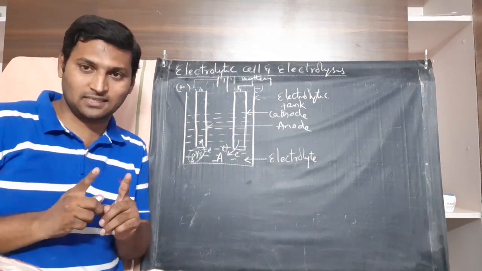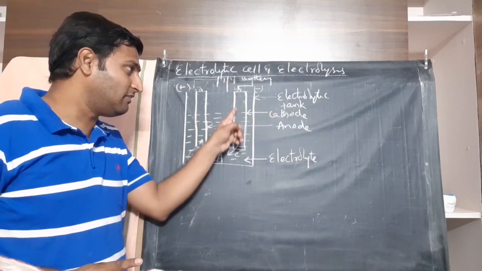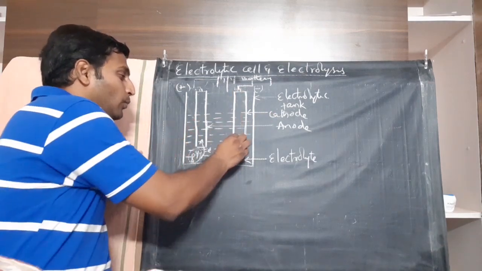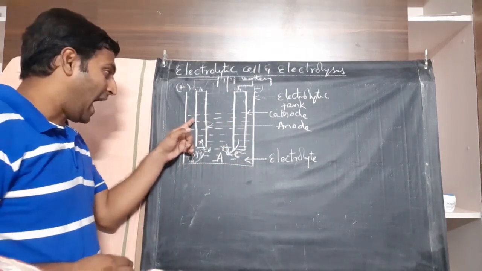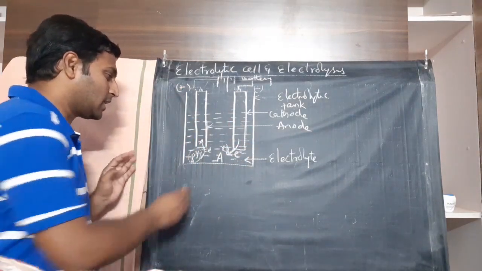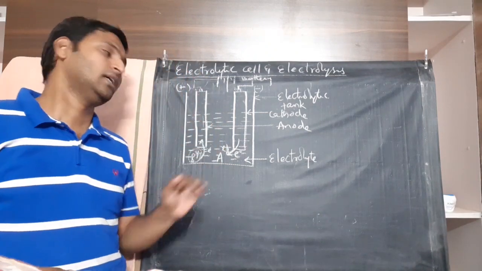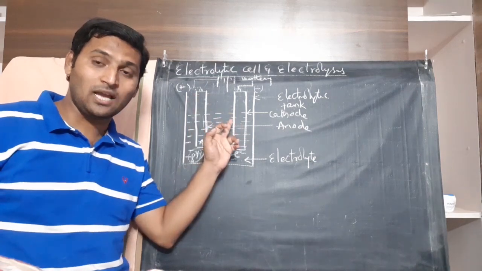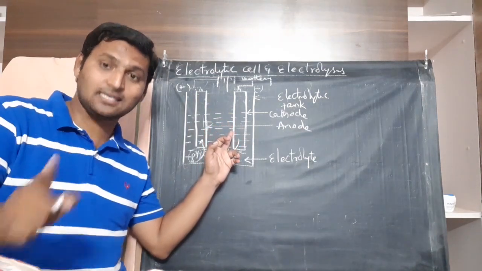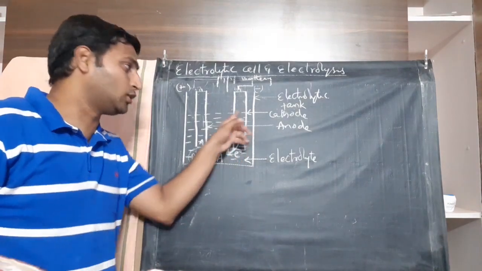That means, please understand, the cathode is the negatively charged electrode through which electrons enter into the electrolyte. The anode is the positively charged electrode through which electrons leave the electrolyte. Of course, the cathode is the negatively charged electrode at which reduction occurs, and for reduction to occur, electrons enter into the electrolyte through the cathode.